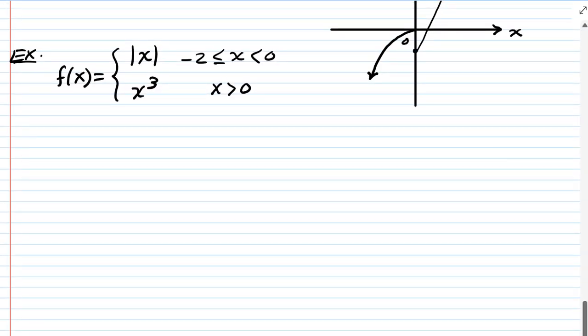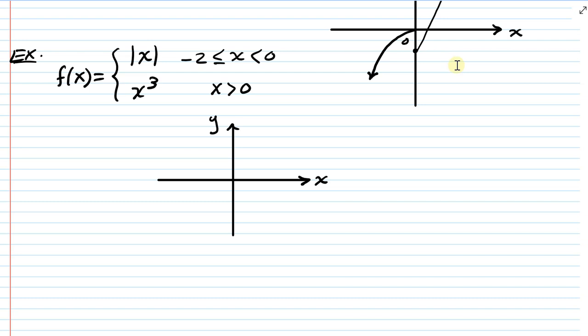Again, let me bring my coordinate system first. All right, so I have my coordinate system. Let's do absolute value of x from my library of functions. Again, I know my absolute value function is going to look like this. That's over the entire domain, negative infinity to infinity. However, this is only good from negative 2 to 0, means from, let's say here, call that negative 2, up to not including 0, right?